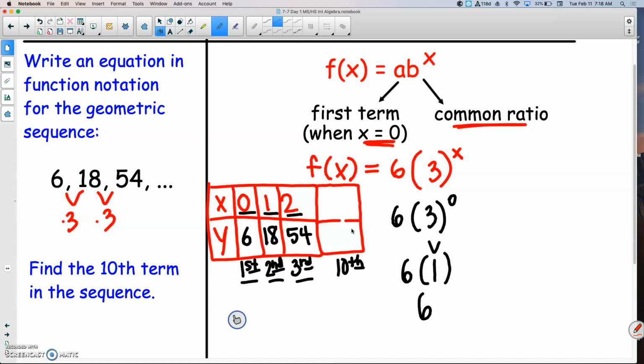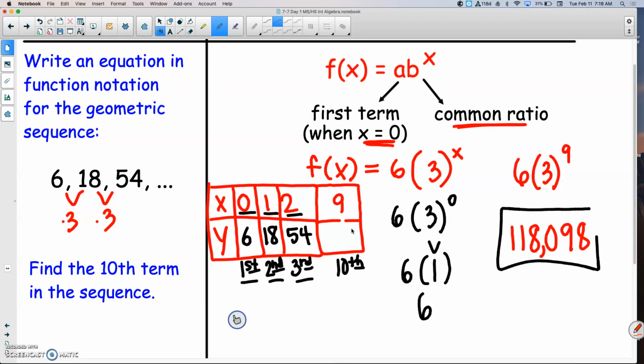I need to plug in 9 because they're one less. X is one less than what term you're looking for. So I actually need to plug in 9. So 6 times 3 to the 9th power. So that would be 118,098.